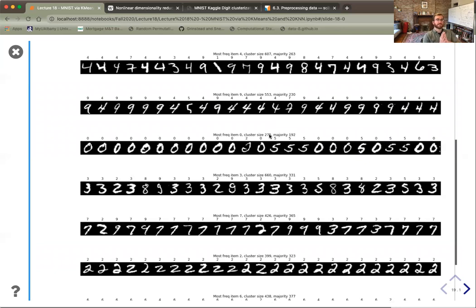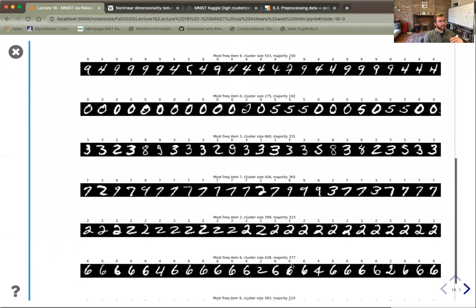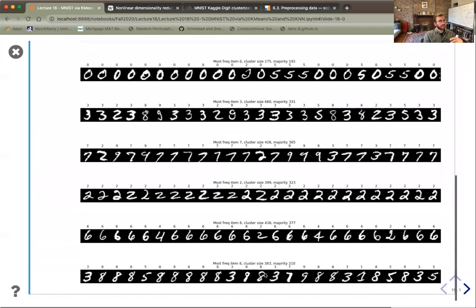And so even though I asked for 10 clusters, hoping that maybe K-means would rediscover our notion of handwritten digits, it actually didn't. In fact, what it went ahead and did is created a couple clusters, each of which had mostly 0s in them. But it did pick out some other things, like we've got a lot of 2s here. Well, that's nice. And we also have a lot of 7s here, and a lot of 6s and a lot of 8s here.